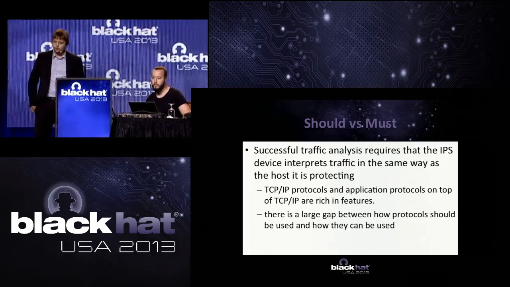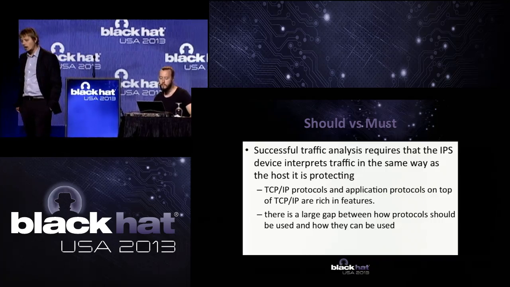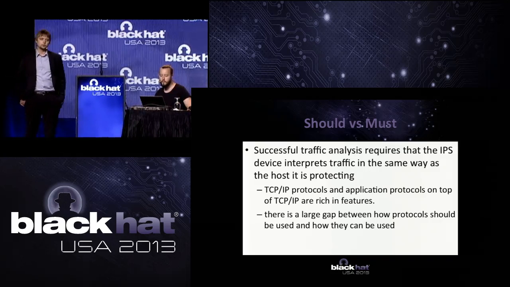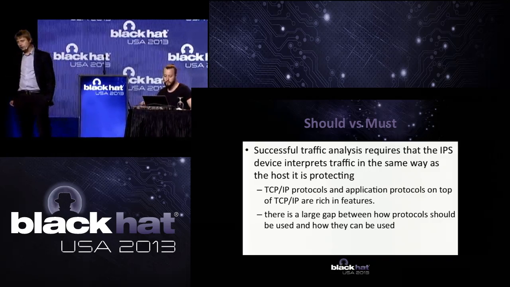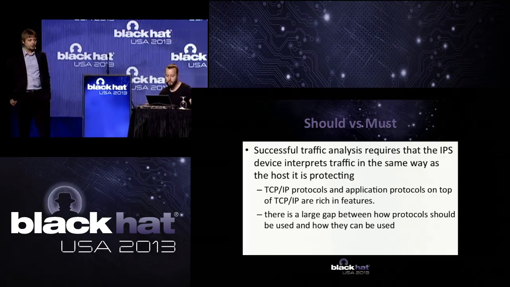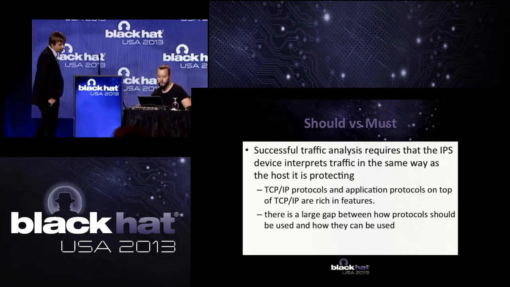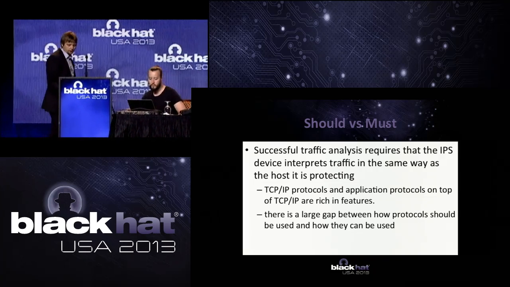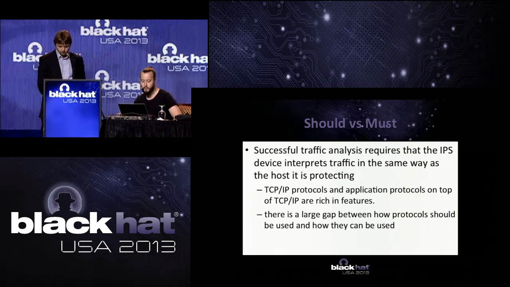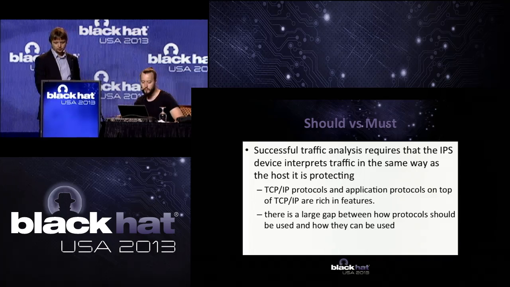So if you think about RFCs, the way they are written, often when somebody is sending traffic, the RFC says that you should do it this way. And when somebody is receiving traffic, it says you must accept all. So that means that there are so many different ways to transmit payload and content that it's really difficult for IPS devices to detect these evasions, and thus it's easy to bypass the devices.